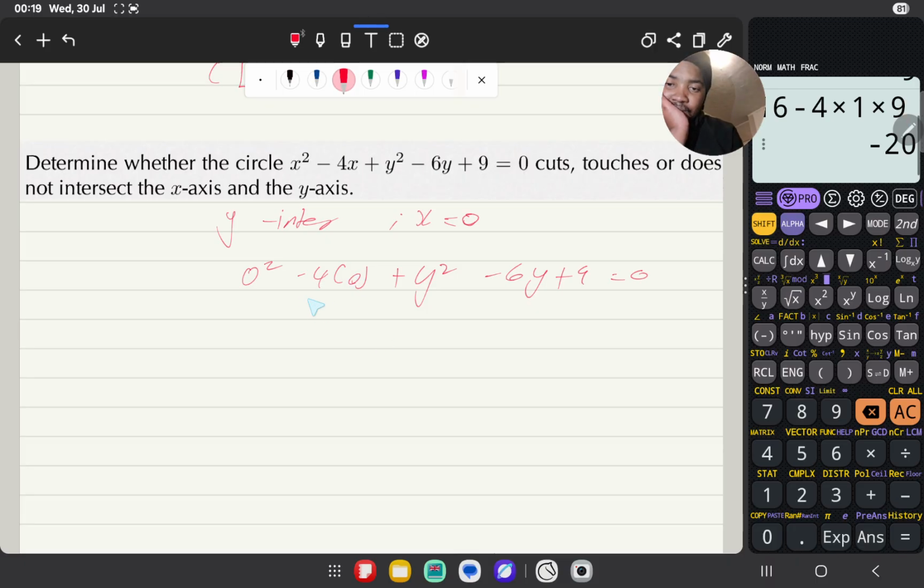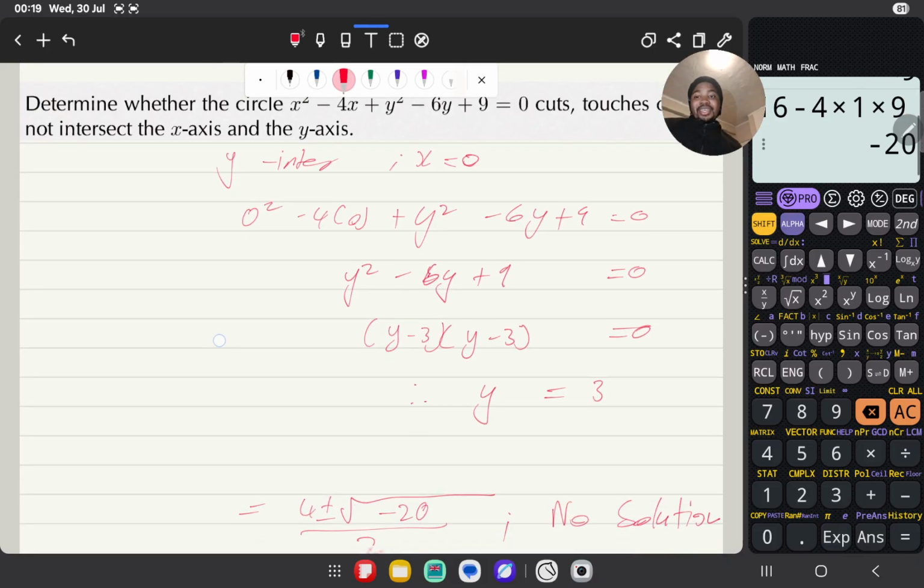And then of course you have y squared minus 6y plus 9 equals 0. You realize this can be factorized. It's going to be (y minus 3) into (y minus 3). This is how you factorize this, and therefore you see that y is going to equal 3, right?